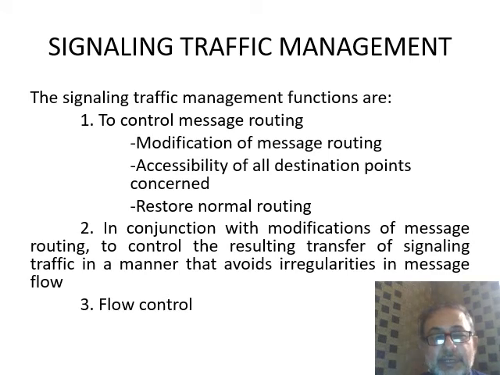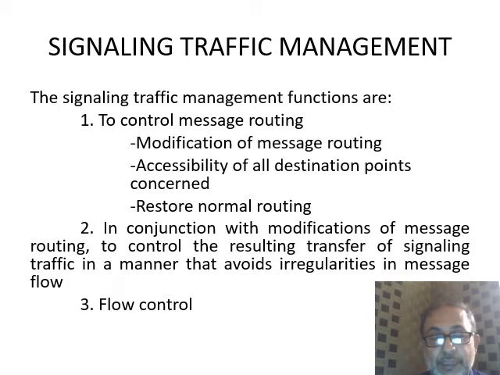The signaling traffic management functions are to control the message routing, which includes the modification of message routing, accessibility of all destination points concerned, and restoring normal routing. In conjunction with the modification of message routing, it controls the resulting transfer of signaling traffic in a manner that avoids irregularities in message flow.